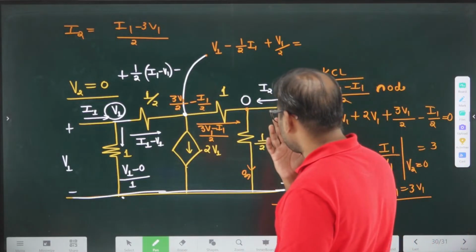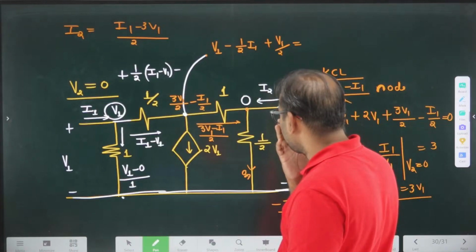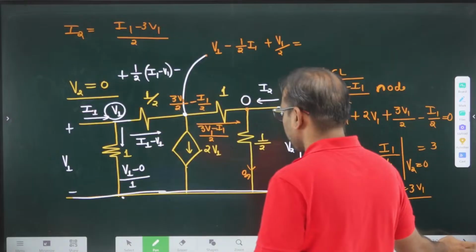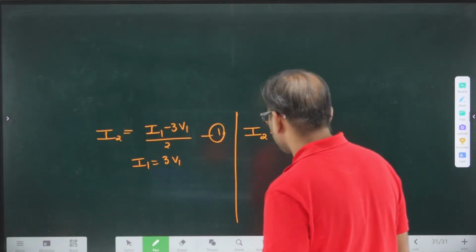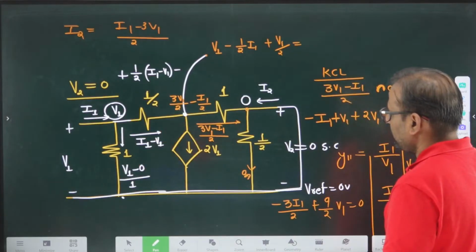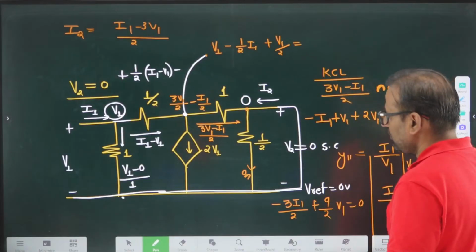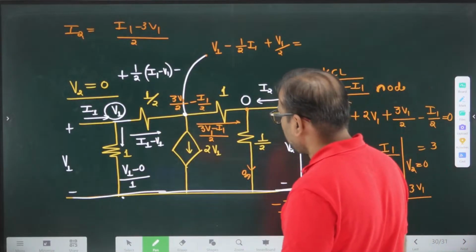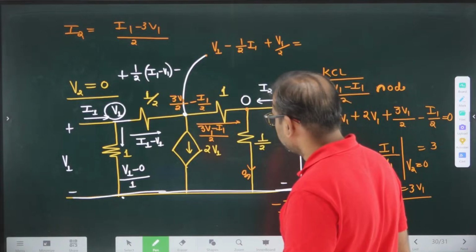What is current here? 3V1 minus I1. V1 minus I1 minus 3V1 by 2. Yes.